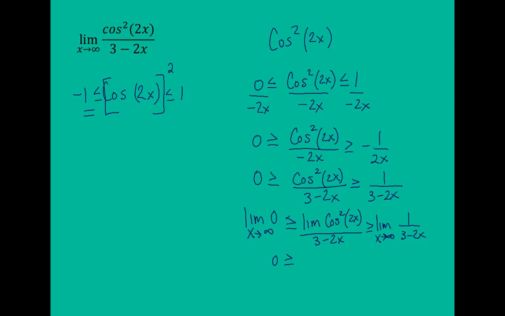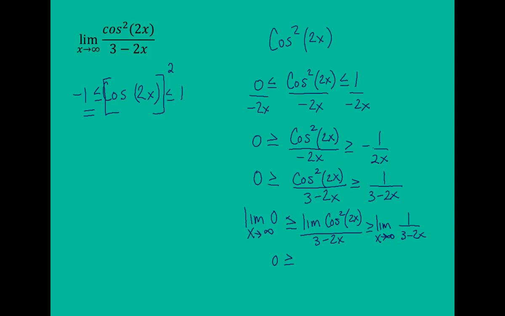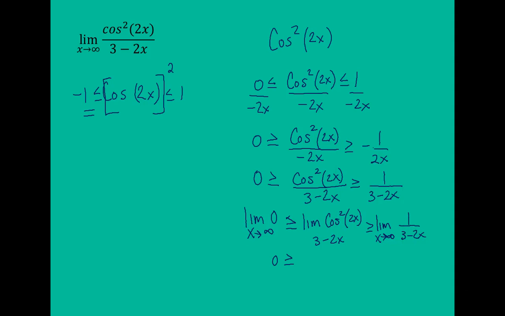Here I don't have this written correctly. So let me rewrite that better. And this should be as x goes to infinity. So we have the limit as x goes to infinity, cosine squared of 2x divided by 3 minus 2x.